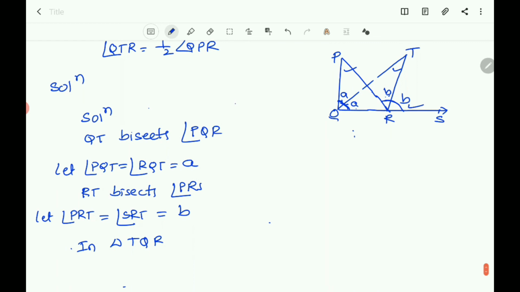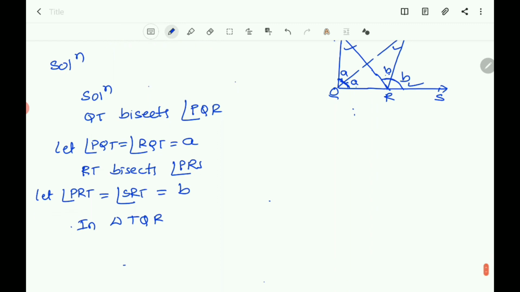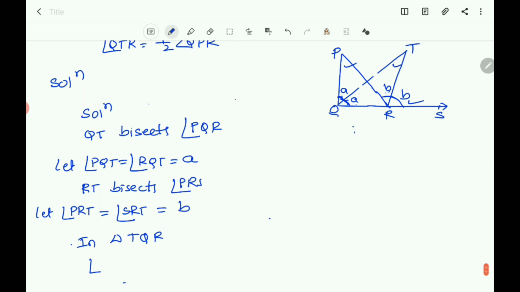Angle TRS is an exterior angle, and therefore angle TRS is equal to angle A plus angle T. So angle T plus A is equal to angle TRS. A means here angle TQR or angle RQT.